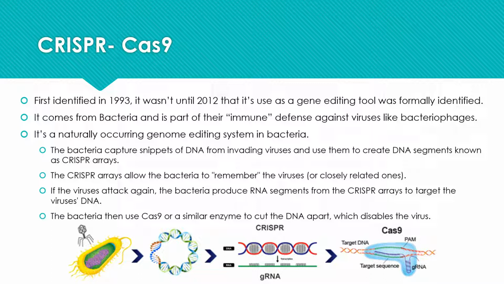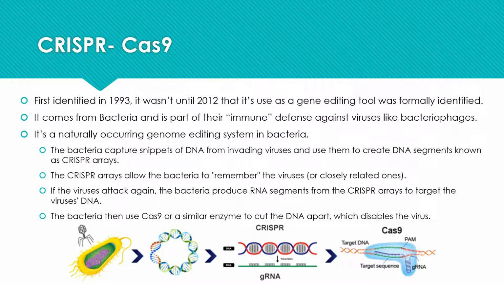So if the virus attacks again, because the bacteria have this memory in their genome of the first attack, they're able to produce RNA segments from this CRISPR array, and they can use those RNA segments to launch an attack against the viral DNA that the virus is trying to insert into the bacteria. What they end up doing is they use the Cas9, which is an enzyme, to cut apart that viral DNA that's being inserted as part of the secondary attack.